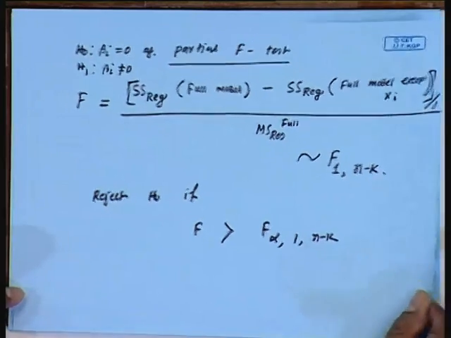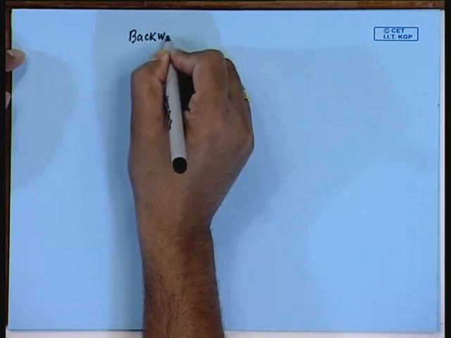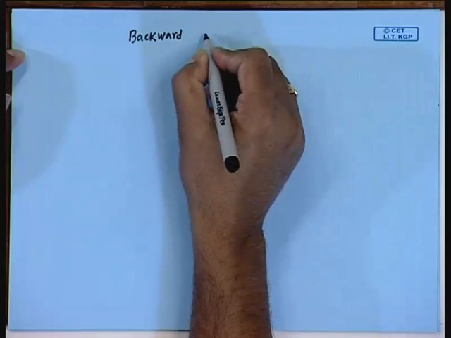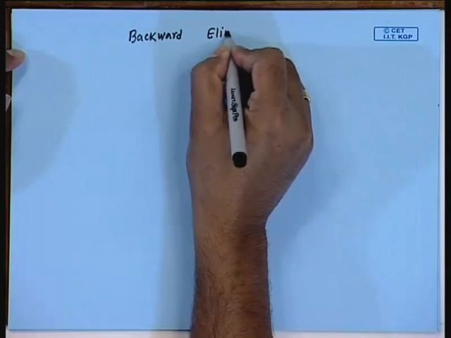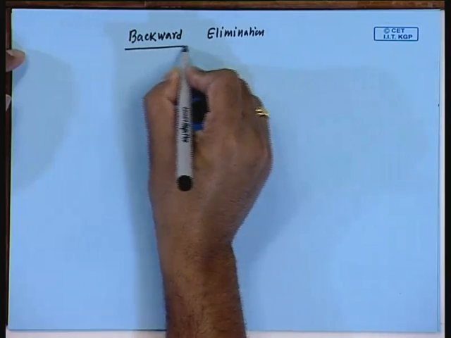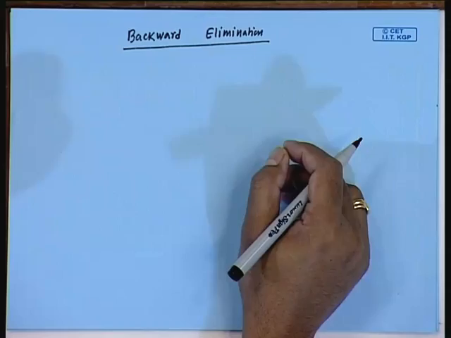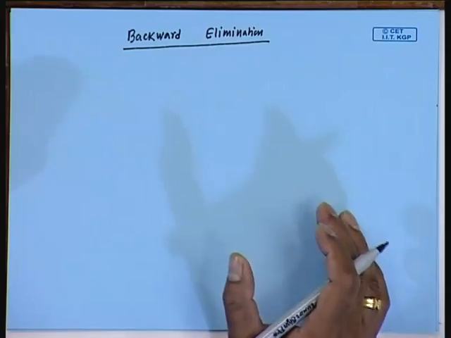Let me talk about the first technique, that is called backward elimination. The basic idea is that we are looking for the best subset regression model.